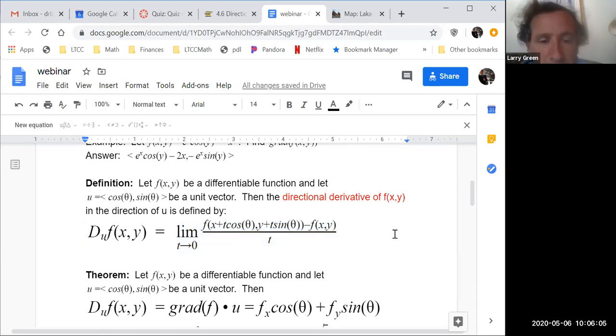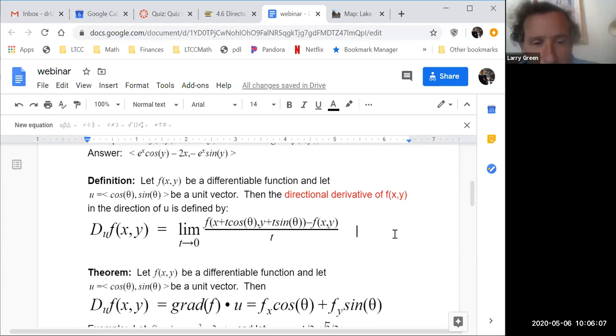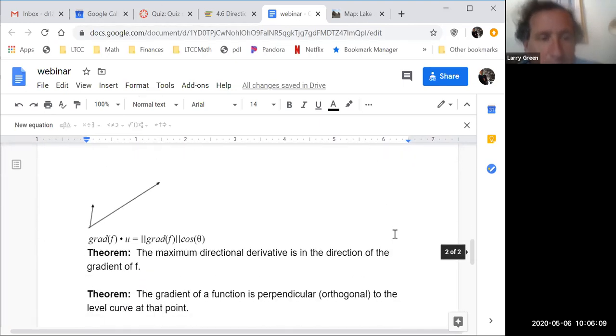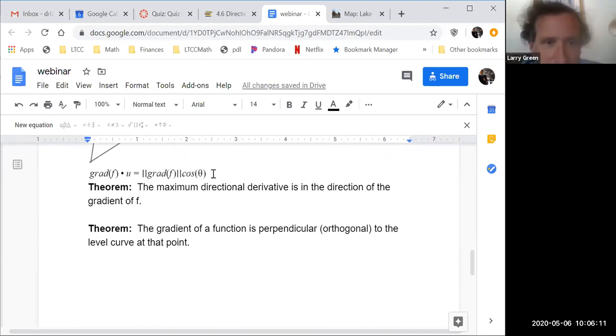There's 0 steepness. Well, if you want 0 steepness, let me go back to this little definition here. What will theta be if you want 0? Pi over 2. And that's the definition of perpendicular. Means you're at a pi over 2 angle from the gradient. Okay, so that's the proof right there.